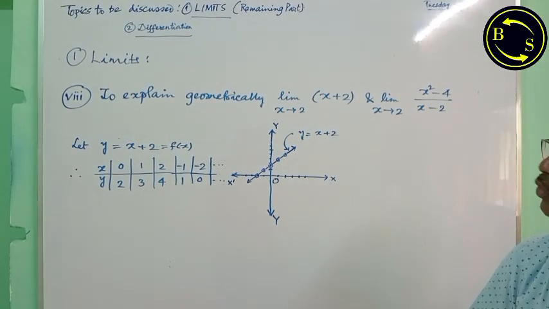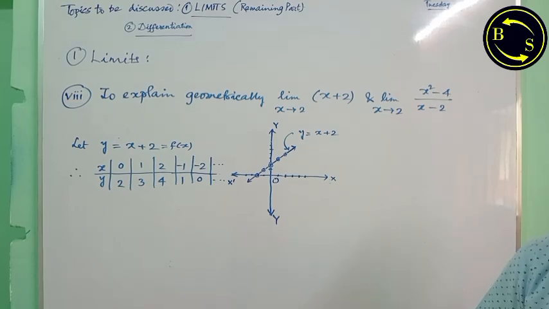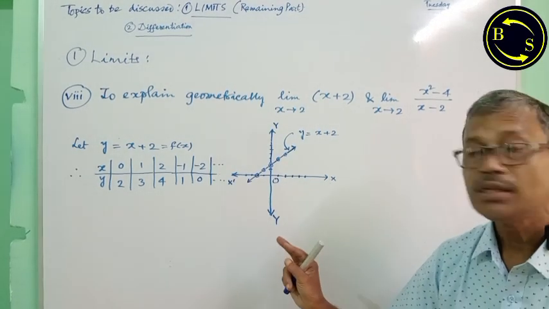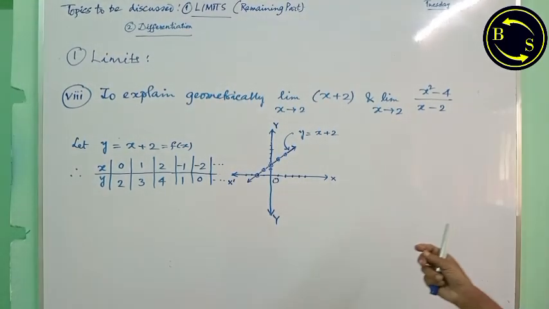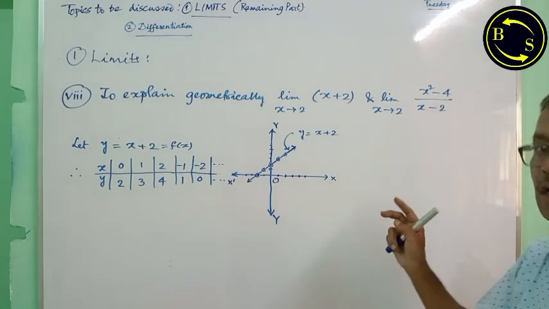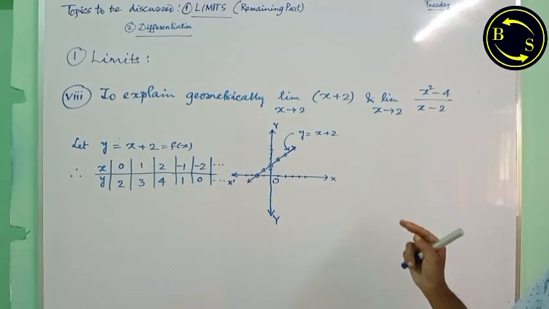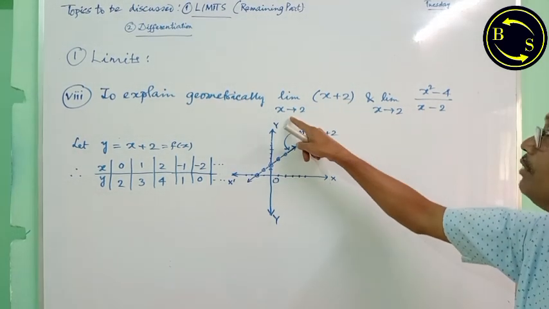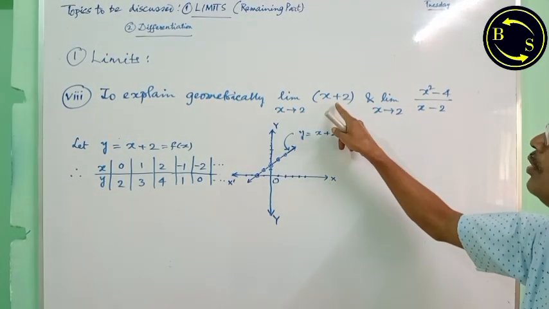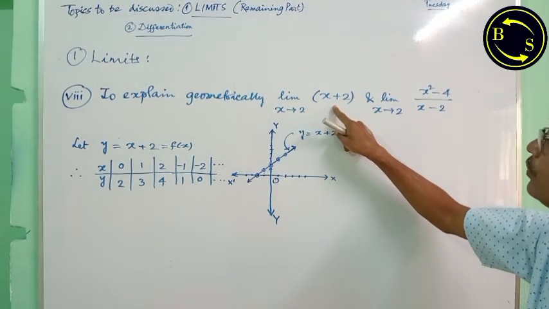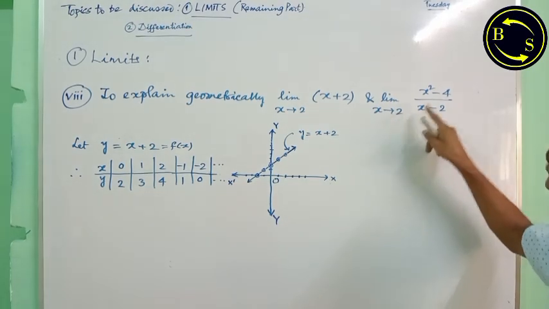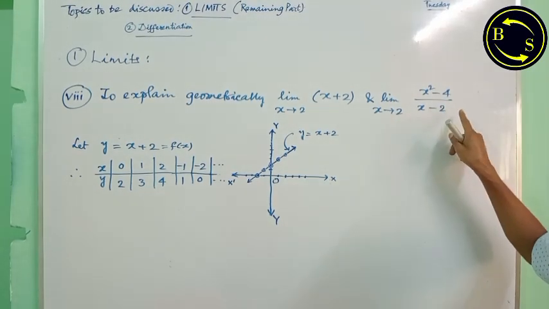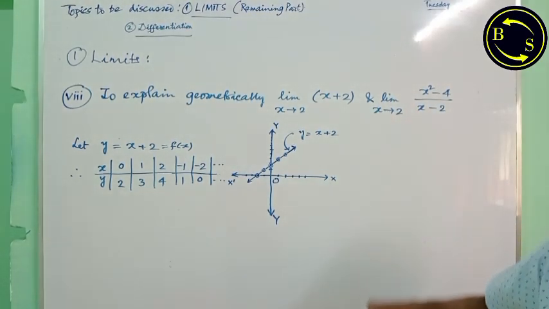Now let me move to, according to me, this vital part of learning limit, or having the knowledge of limit. I have taken the limit as x tends to 2 of x plus 2, then the limit as x tends to 2 of (x square minus 4) divided by (x minus 2). We shall explain this.